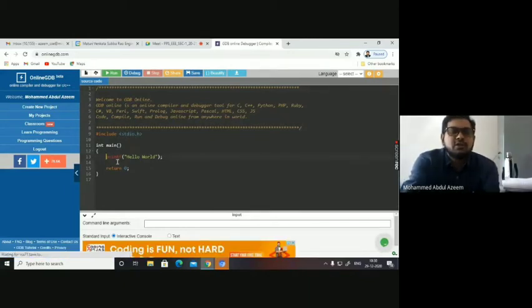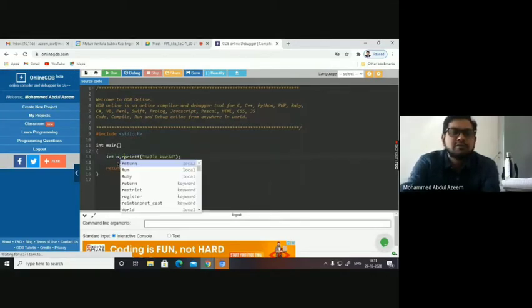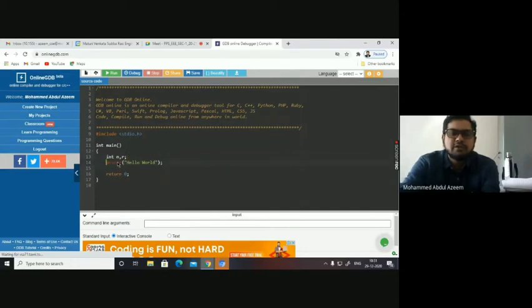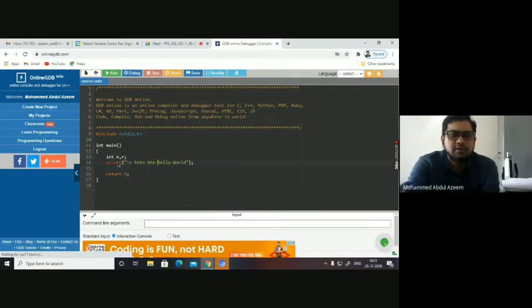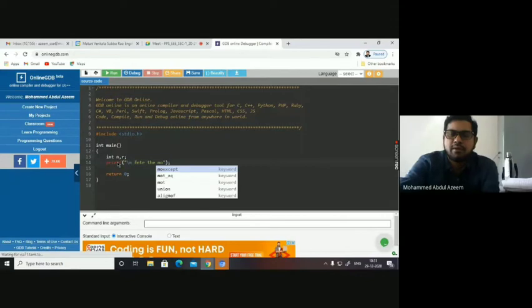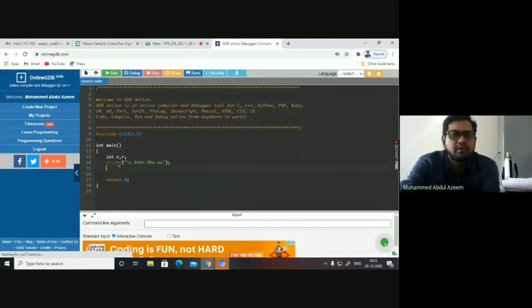So what is the code required to be written here? We need two variables, n comma r. Then enter the number. How do you accept the number? Using scanf.